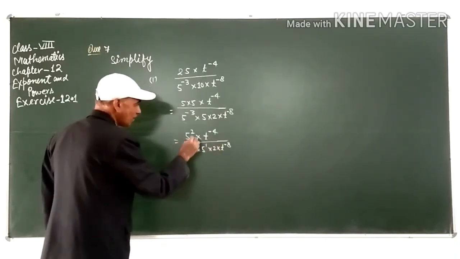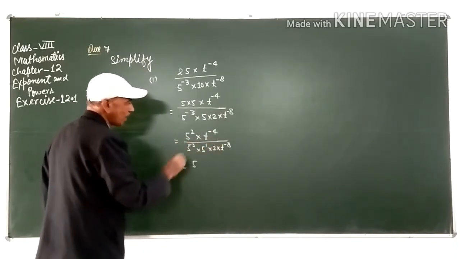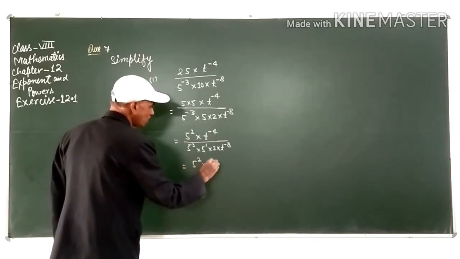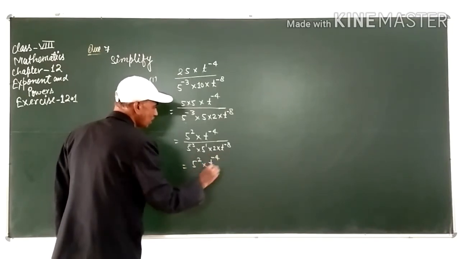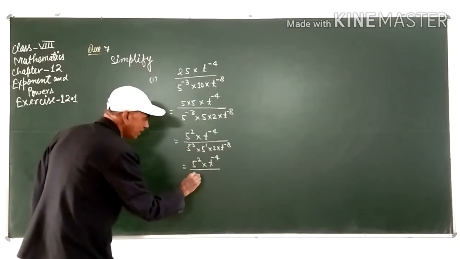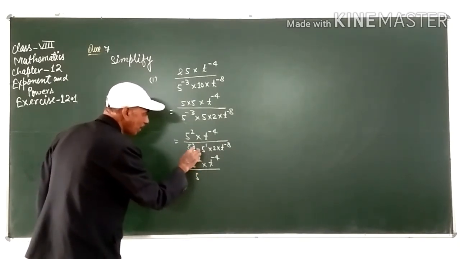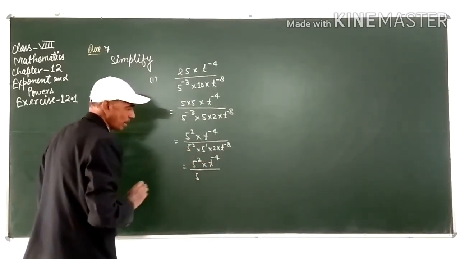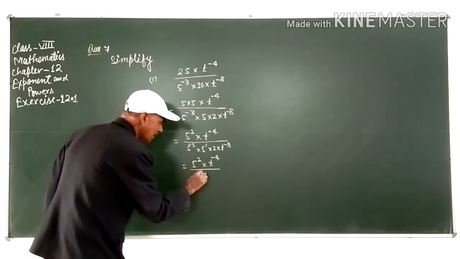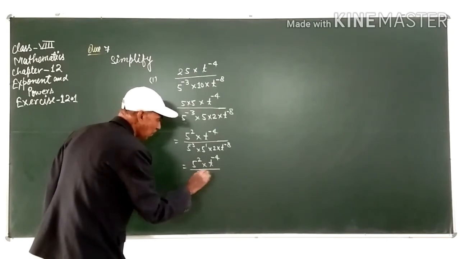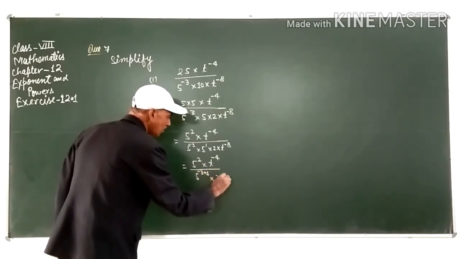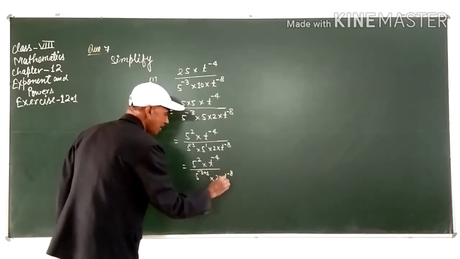In this step we will write that 5 to the power 2 into t to the power minus 4 upon this one, students, exponents will be added. This one will be 5 to the power minus 3 plus 1, that is this one minus 3 plus 1, into 2 into t to the power minus 8.